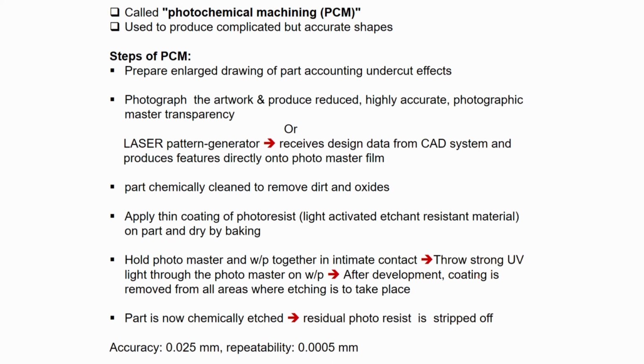After development, this coating is removed from all the areas where etching is to take place. Now the part is chemically etched and the residual photoresist is stripped off. By this photochemical machining process, 0.025 millimeter accuracy can be achieved and repeatability is 0.0005 millimeter.